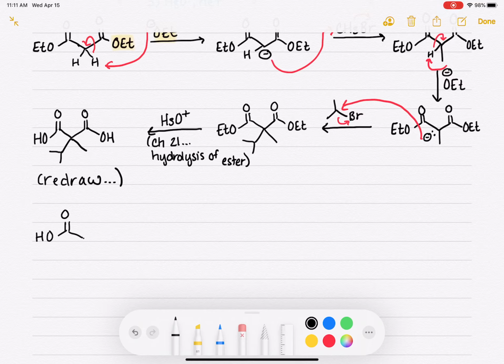So the left side of the molecule, you can see I didn't make any changes to that, and I don't make any changes to the alkyl group. But what I'm going to do is twist the right carboxylic acid group. I'm just kind of turning it around. I'm reorienting it, not changing it, just redrawing it to make it easier for you to see what's going to happen next.